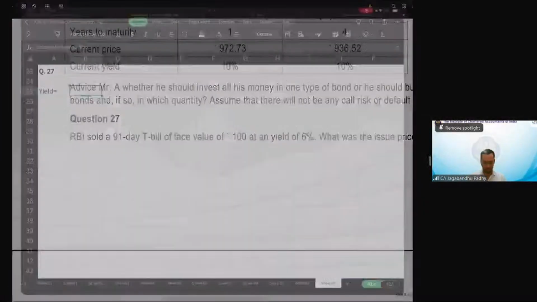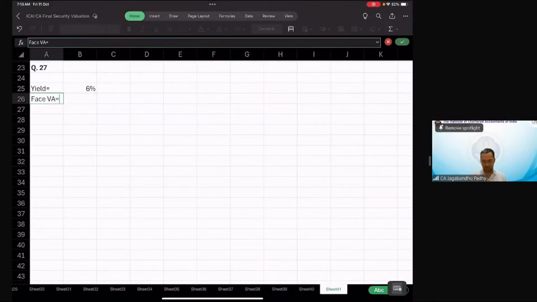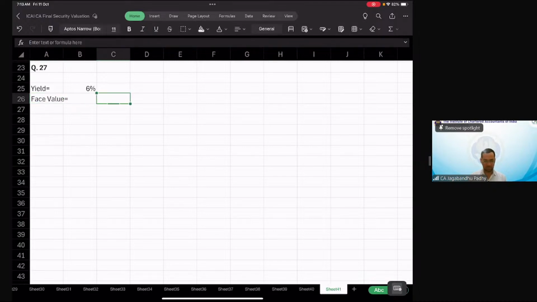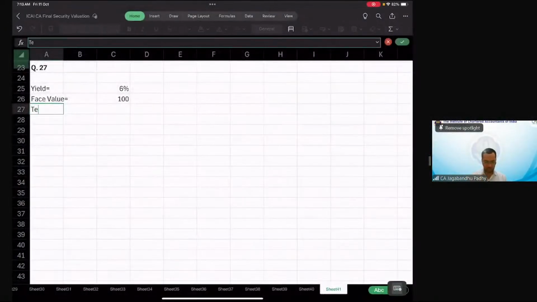Now we want to compute it. We have been given a yield of 6%, the face value of the T-bill is 100, and the tenure is 91 days.